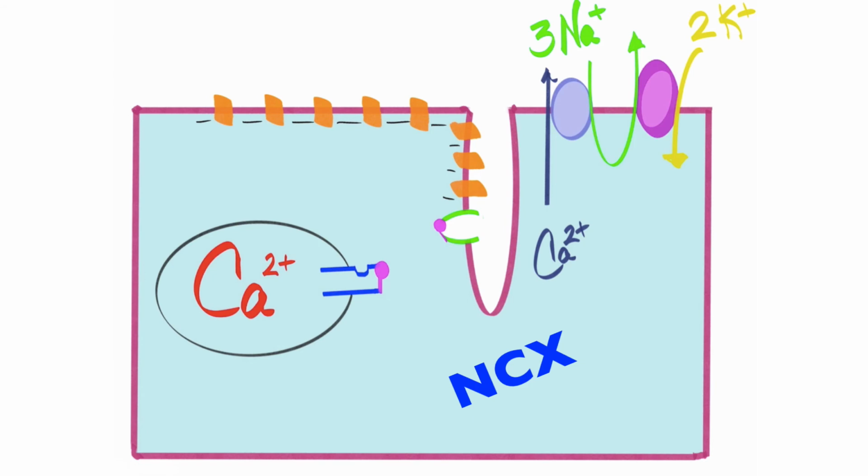But the sodium calcium exchanger exchanges 3 sodium coming into the cell down its electrochemical gradient, creating kinetic energy in the process that propels or pumps calcium back out to the extracellular fluid against its gradient.